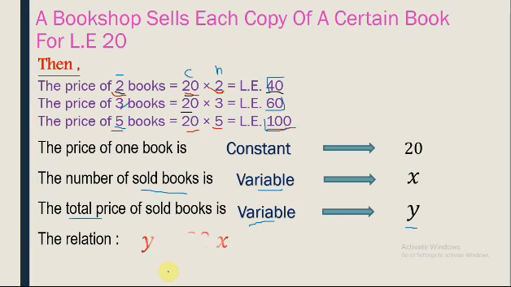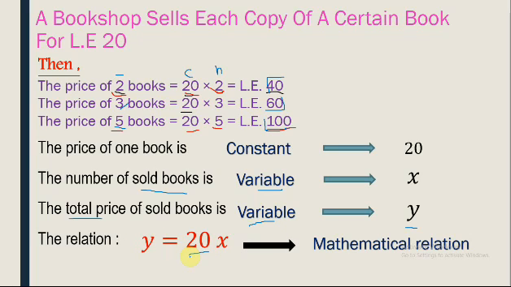So we can say the relation between those is Y equals 20 times X or 20X. Remember from the last lesson, we don't use the multiplication sign. Y equals 20X. Now, what is this? It is called the mathematical relation. This is the mathematical relationship between the variable and the constant that we have.